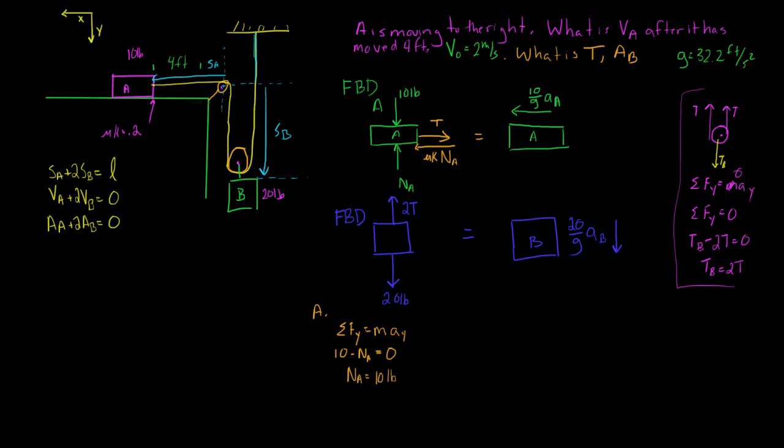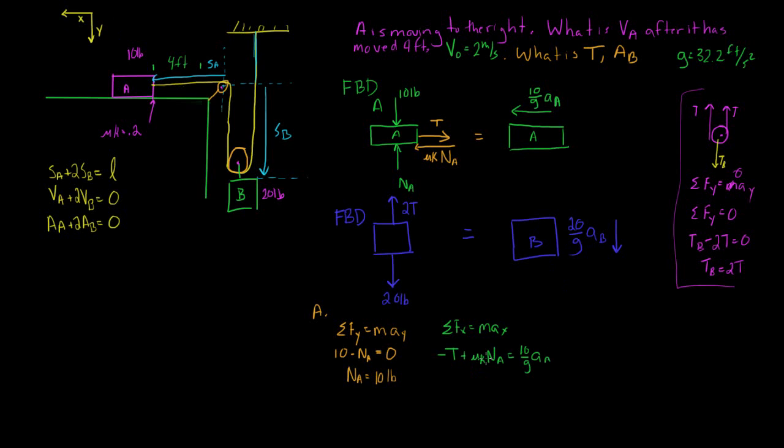When we sum our forces in the x direction, it's equal to a mass times an acceleration in the x direction. We have this minus T because it's going to the right, against what we called positive. So we have minus T plus this mu_k times N_A is equal to a mass, which is 10 divided by g, times this acceleration in the a direction.